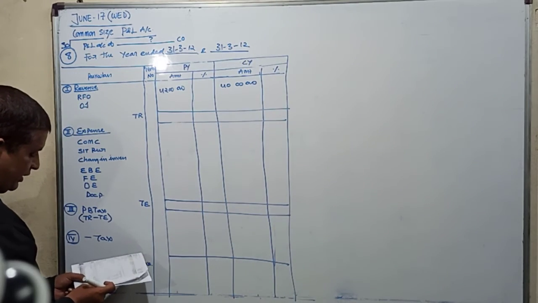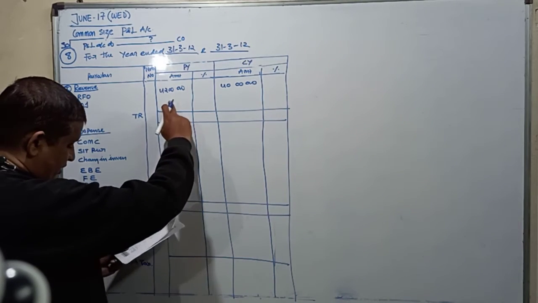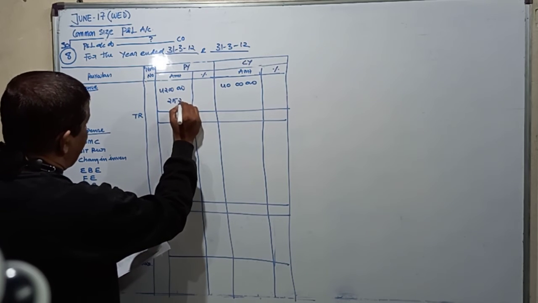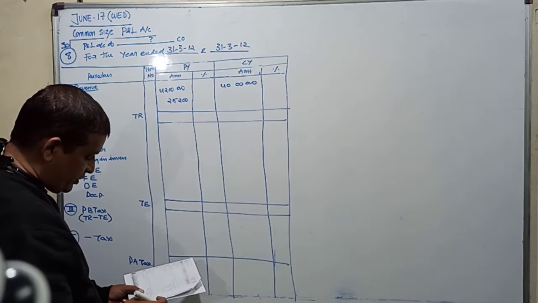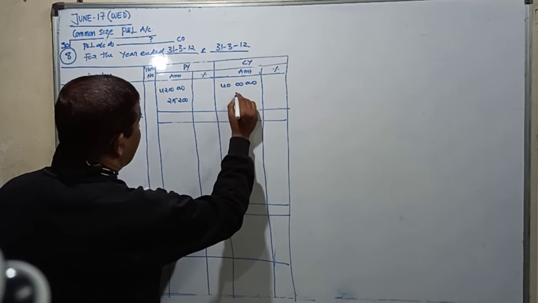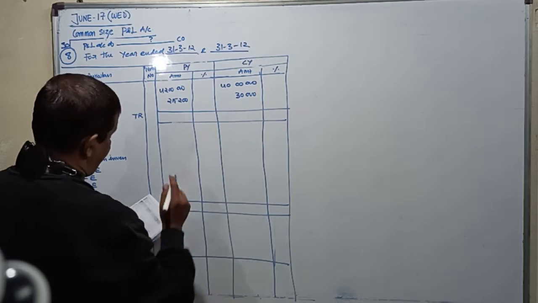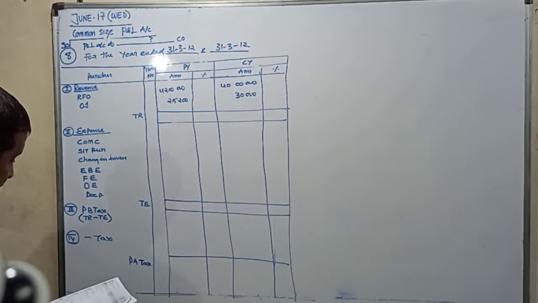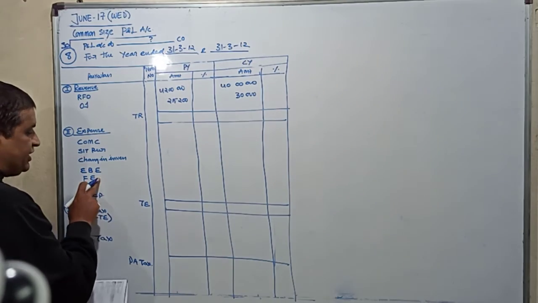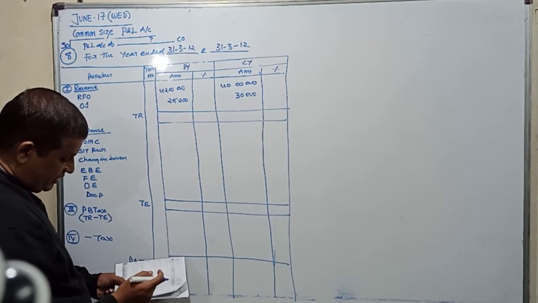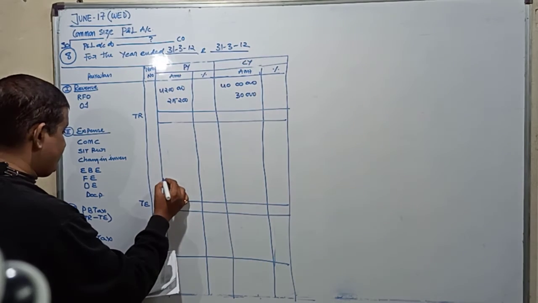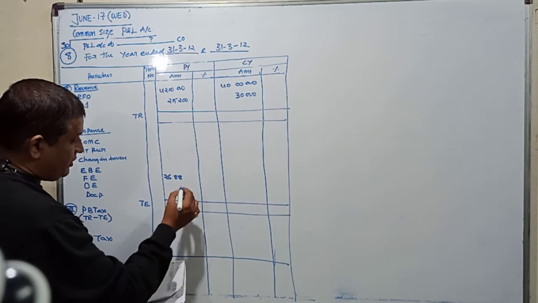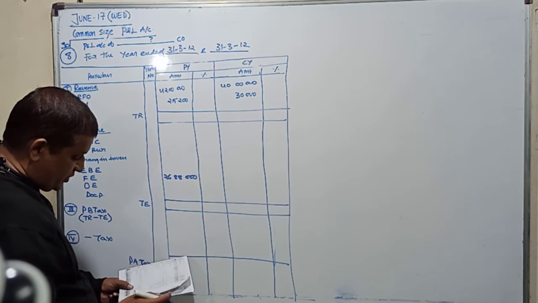For the current year, it is 40 lakhs. Next, other income. For the previous year, it is 25,200. For the current year, it is 30,000. Next, finance cost, that is financial expenses. For the previous year, it is 26 lakhs 88,000.